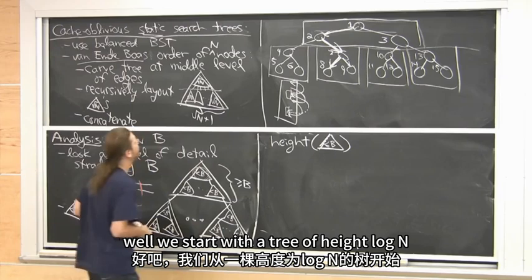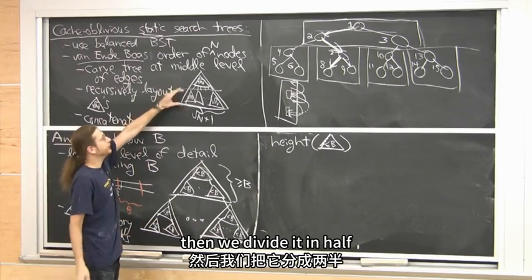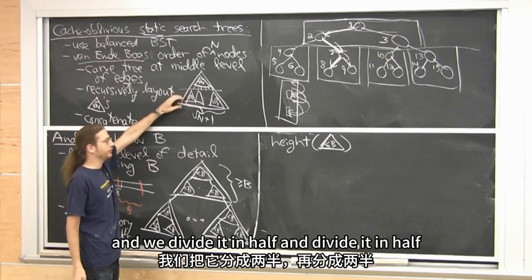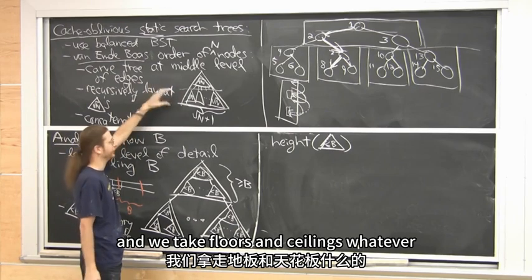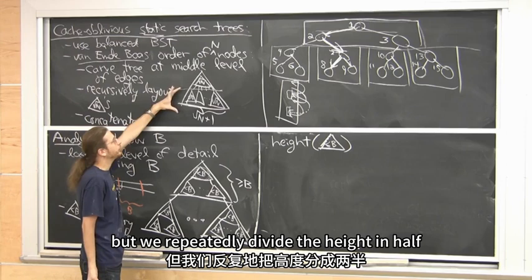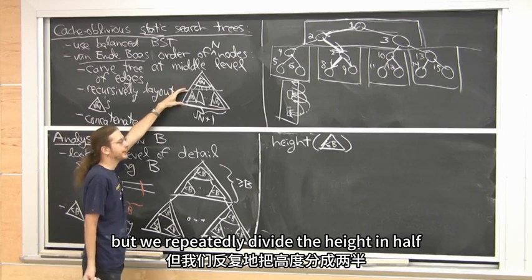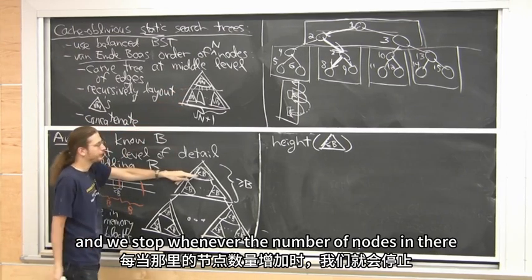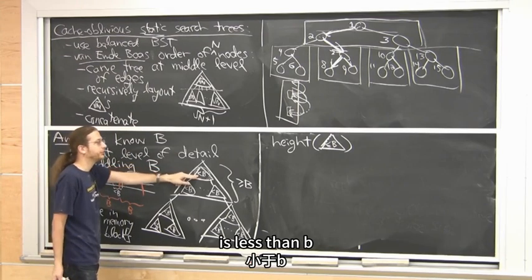Well, we start with a tree of height log N, then we divide it in half, and divide it in half, and divide it in half, and we take floors and ceilings, whatever. But we repeatedly divide the height in half. And we stop whenever the number of nodes in there is less than B.